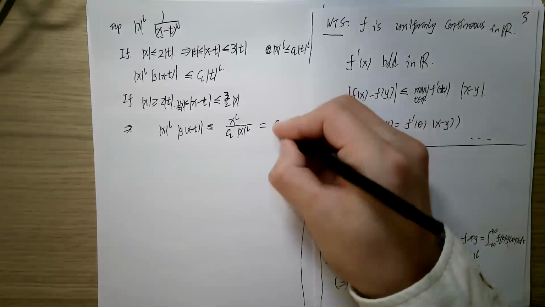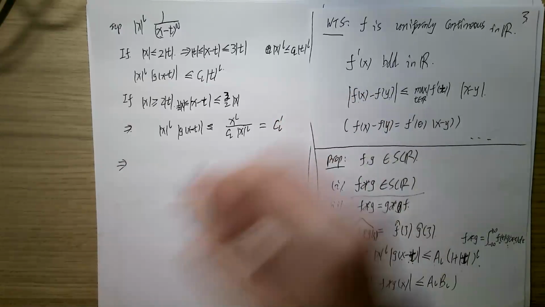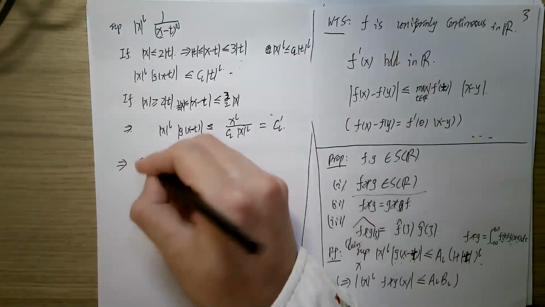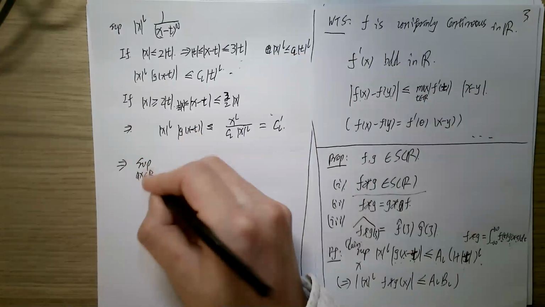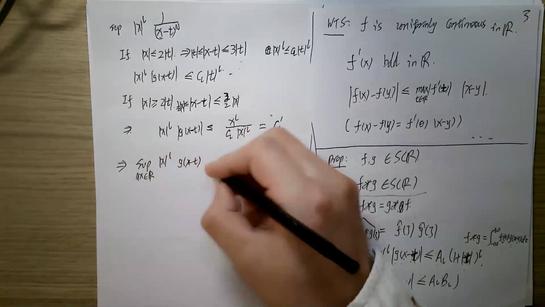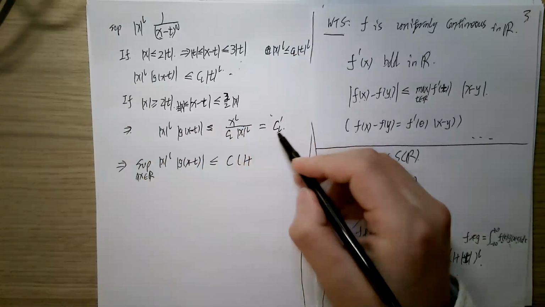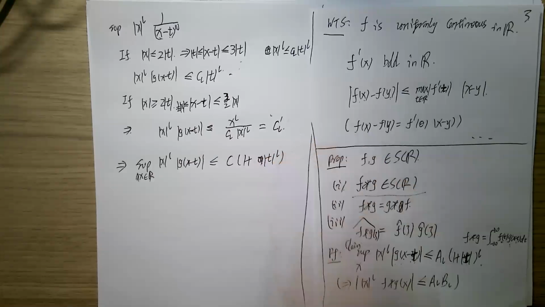And it's some constant that depends on L. So combining these two, the supremum over x in R of x to the power L, g of x minus t is less or equal than some constant times, well, either it is a constant or it is t to some power. Okay, so you get this result.